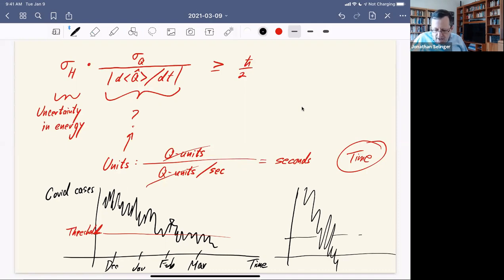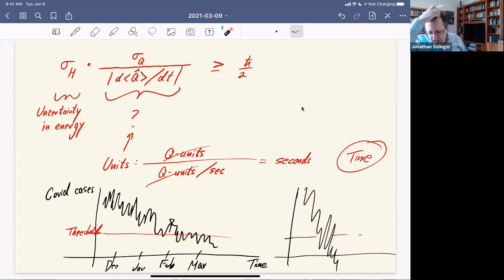So the range of time when it might be crossing that threshold is kind of small compared to here. Here it's a big range of time when it might be crossing that threshold. And so the ratio between the uncertainty in the case rate and the rate of change, that's what gives the uncertainty in the time for crossing.